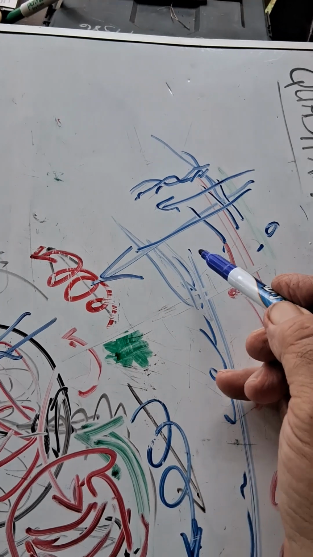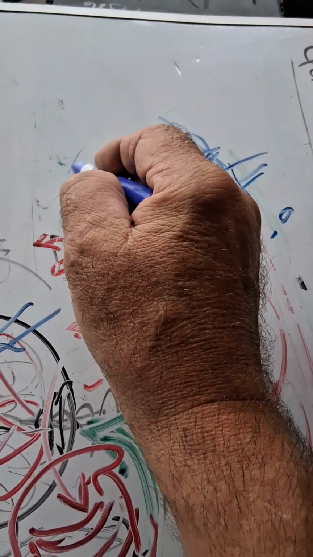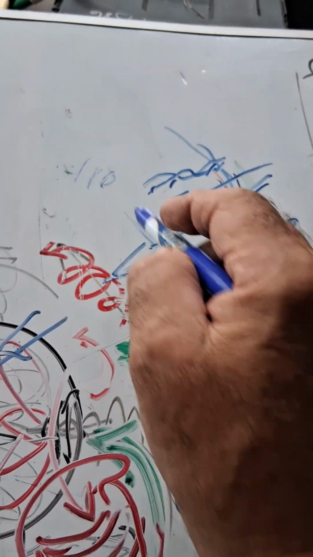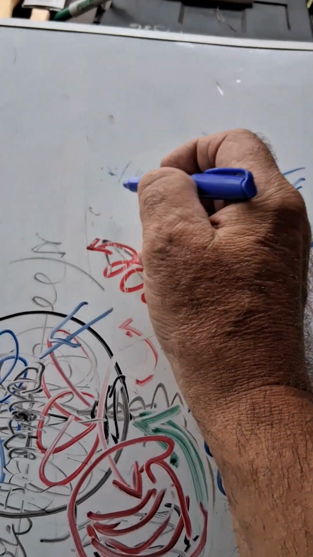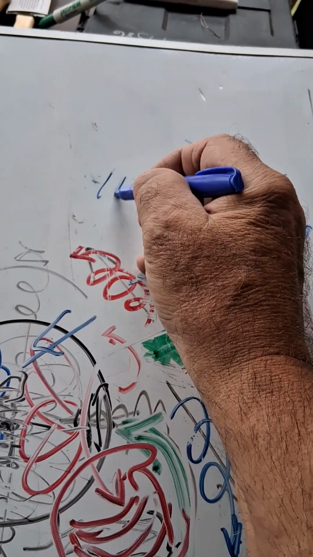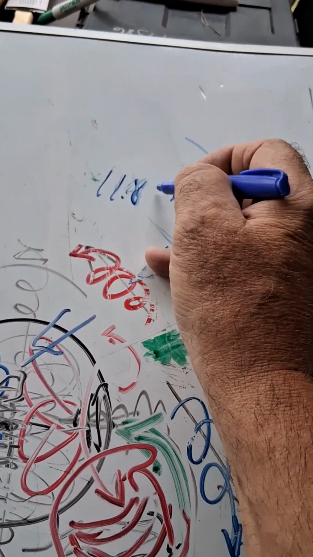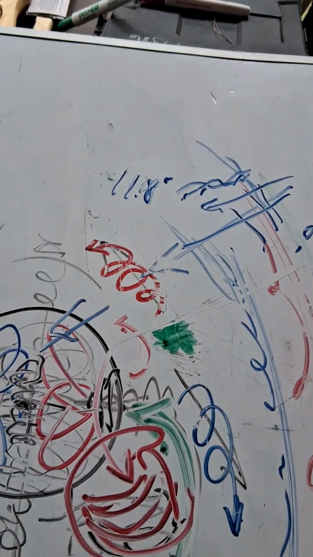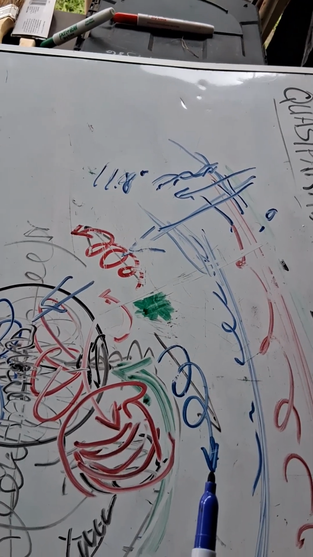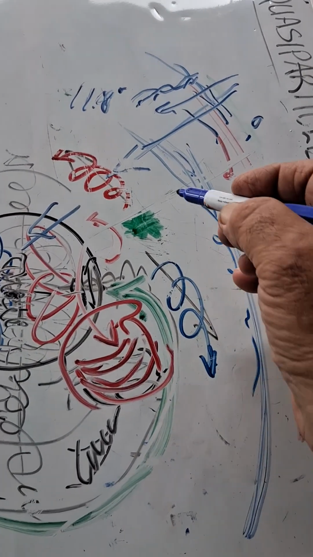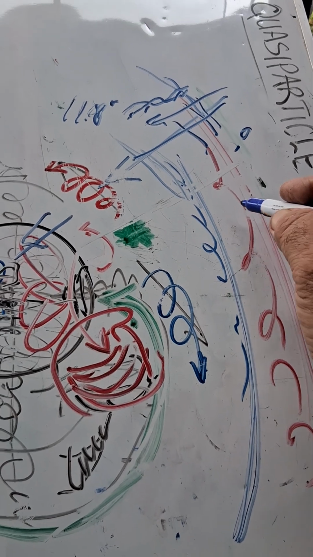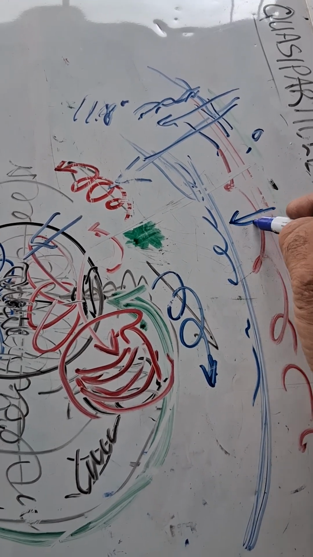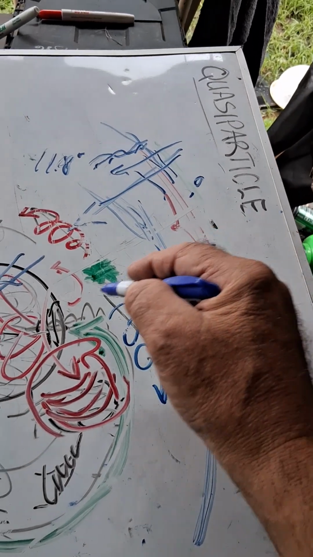This allows one force to be slightly stronger than the other. 11.8%, I'll tell you all about that. That's right hand, left hand. That's why 11.8% of the population, animals and humans, are left hand and the other right hand, because we are being controlled right now by that layer that we're in.